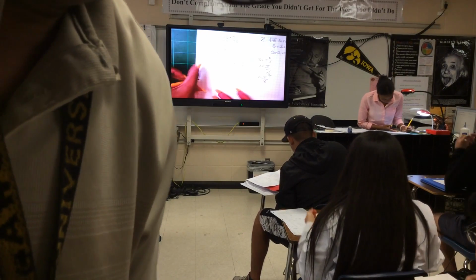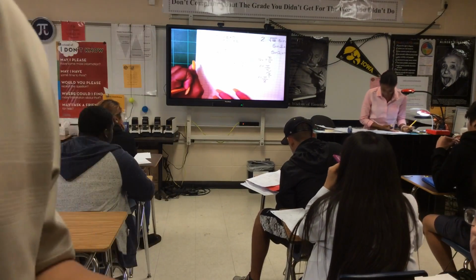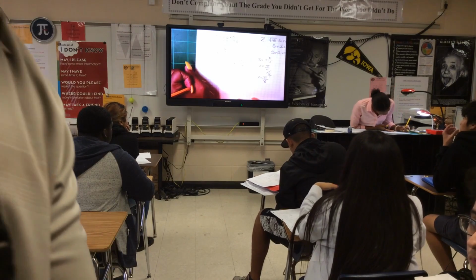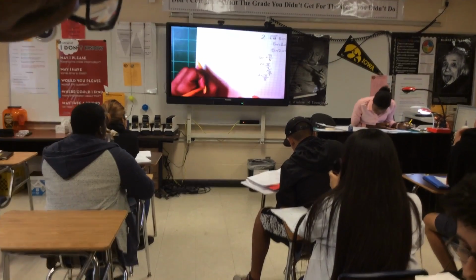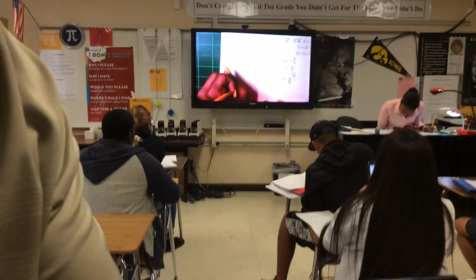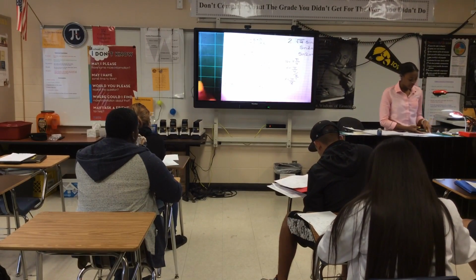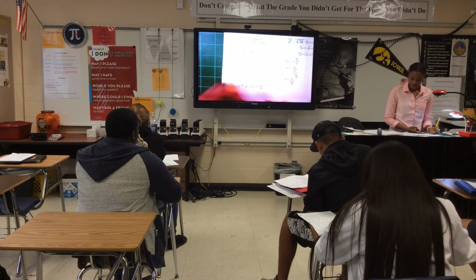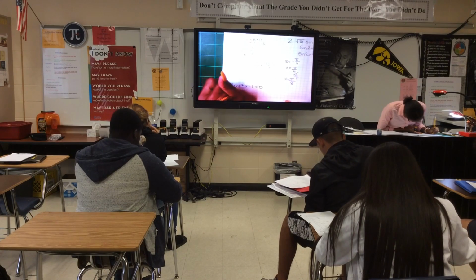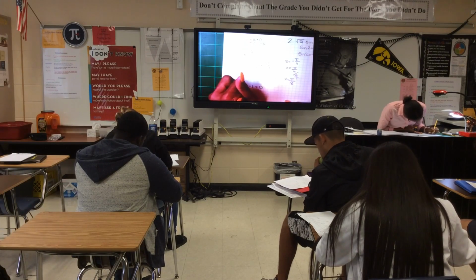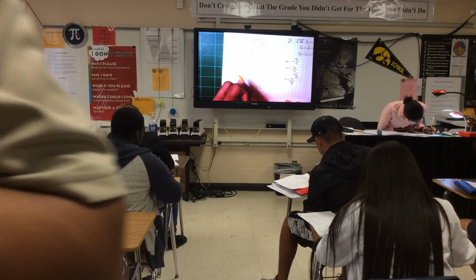Okay, number 3 is 3 cot squared x minus 1 equals 0. So you have to add 1 to each side, which is 3 cot squared x equals 1.